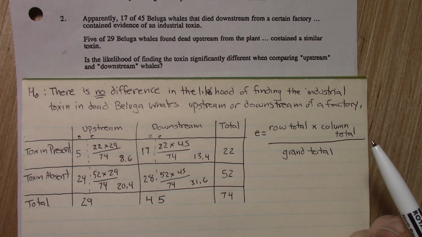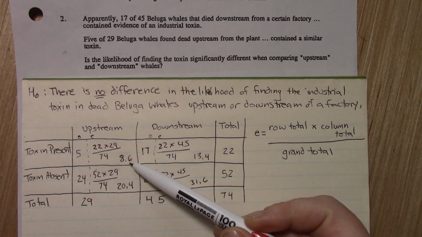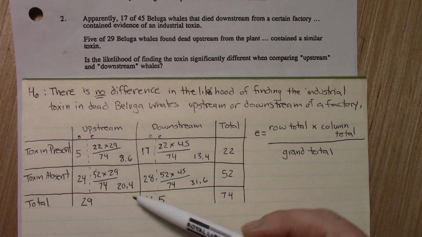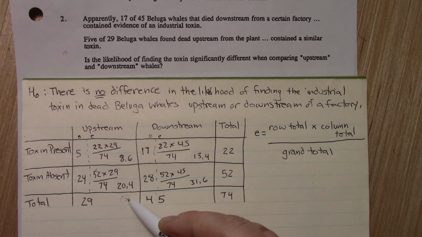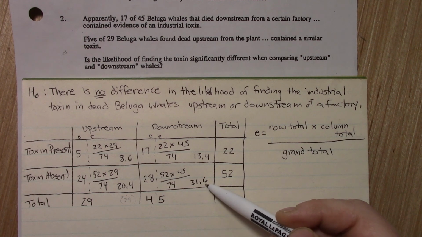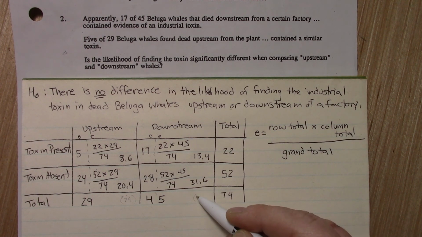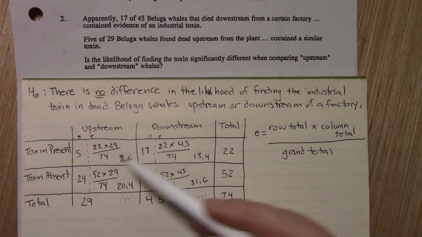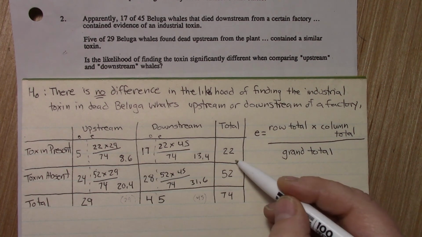And I like to double check. So 8.6 plus 20.4 is 29. Yay! 13.4 plus 31.6 is 45. Yay! 13.4 plus 8.6 is 22.